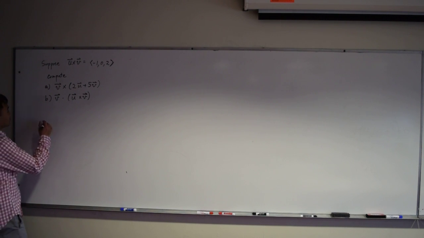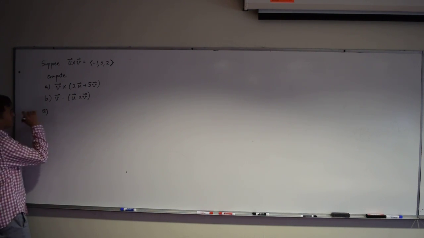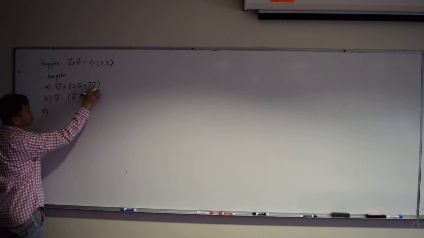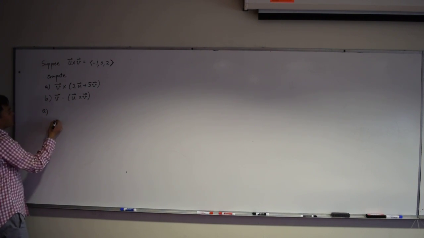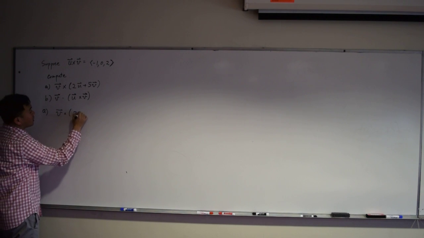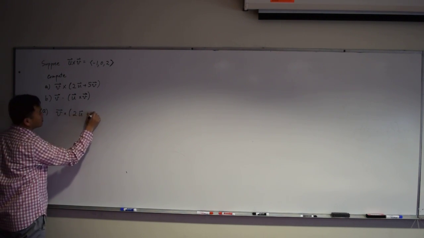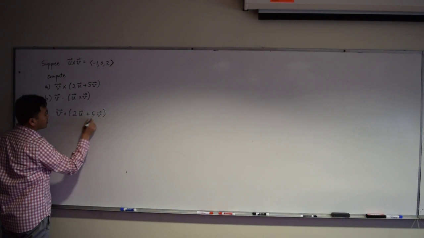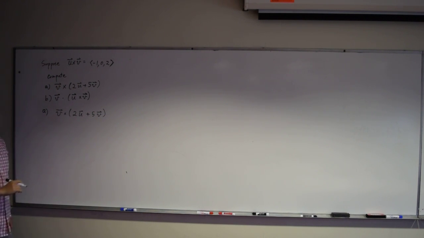All right, so let's try to do just the first one, which is the cross product of v with 2u plus 5v. You have a summation. What can you do in that case?